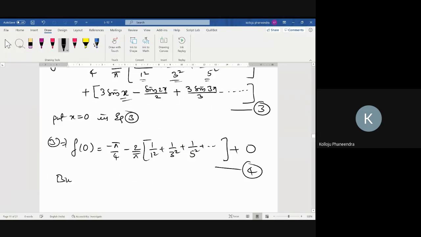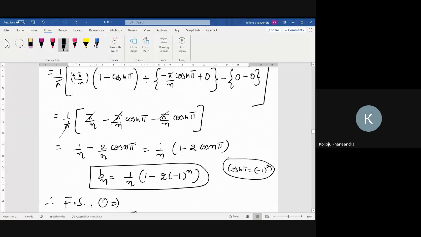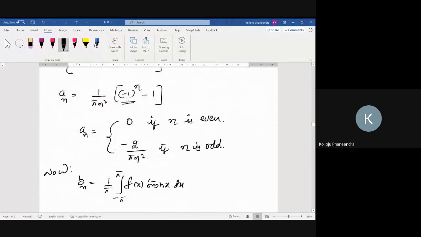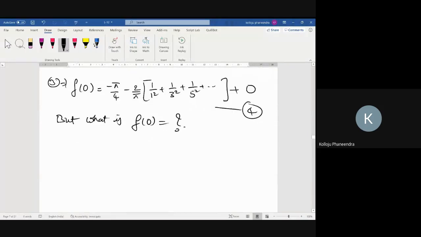But what is f of 0? See the function. What is my function? The original function in the question: this is less than 0 only, this is greater than 0 only. So at x equal to 0, the function is not given. Write it like this: by the definition, by the given function, f of 0 is not defined.